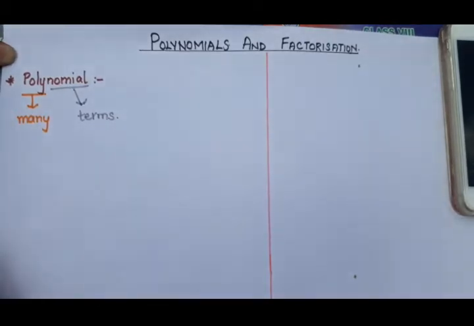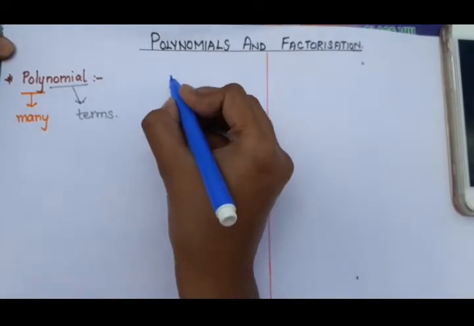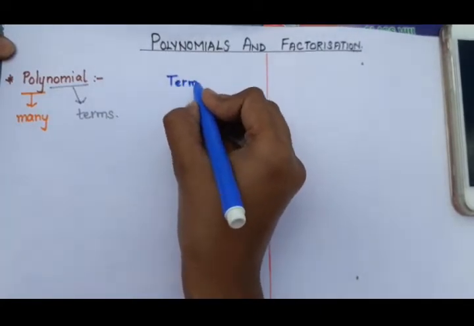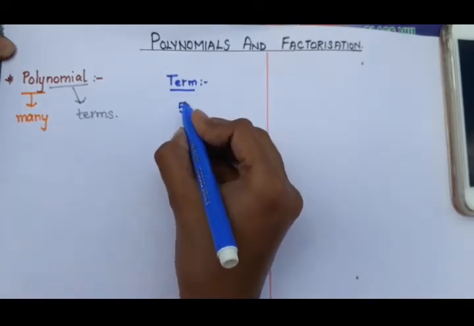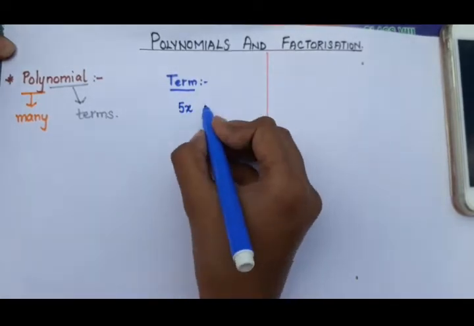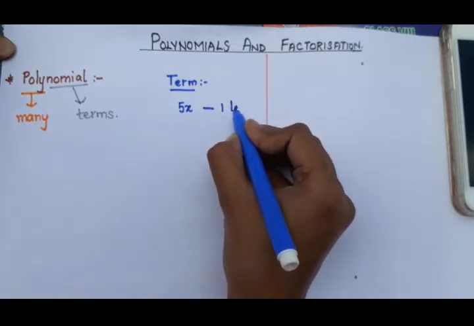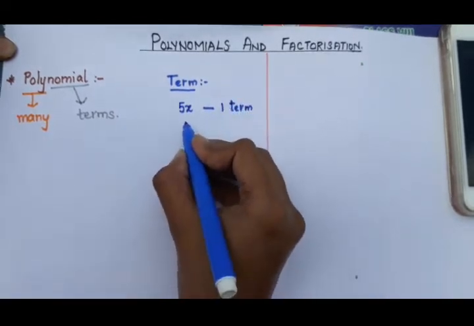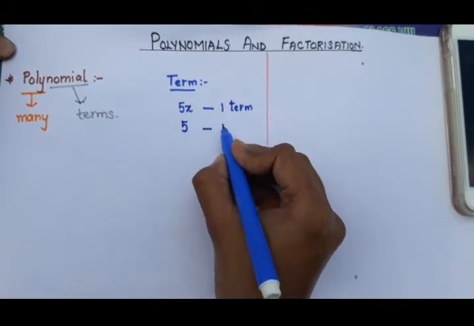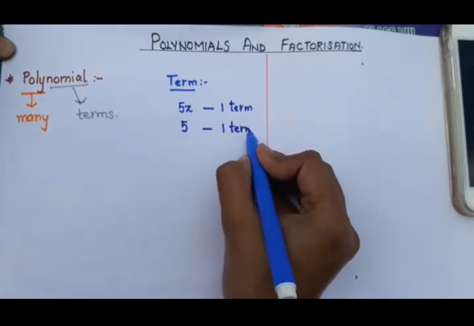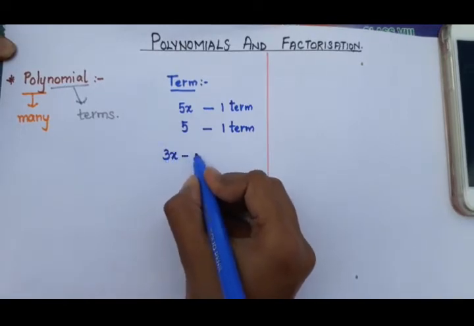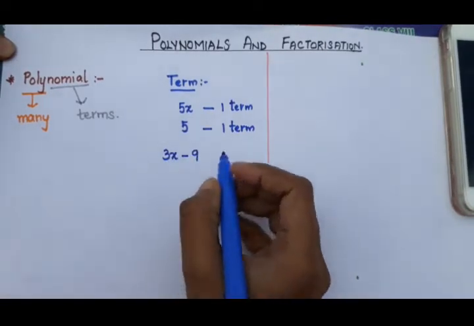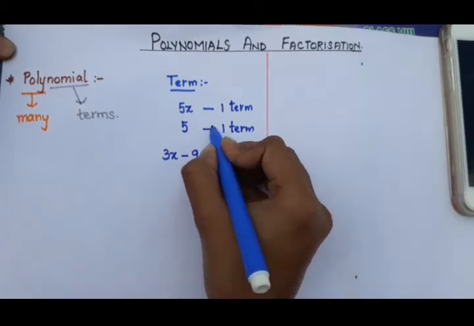Now what do you mean by the word terms, children? See here, if the number is 5x, it is one term. Not only 5x, if it is only 5, then also it is one term, children. Now if I write 3x minus 9, how many terms are there in this?